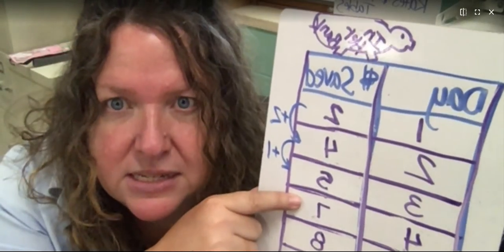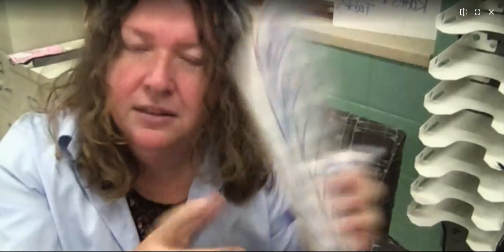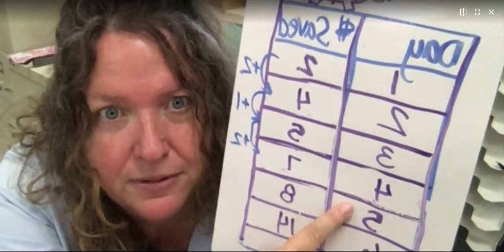Now she has $7 in day 4. How much did she add then? $2. What about from day 4 to day 5? She had 7. Now she has 8. She added $1. You see a problem here?